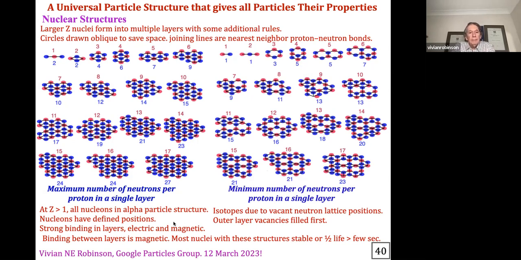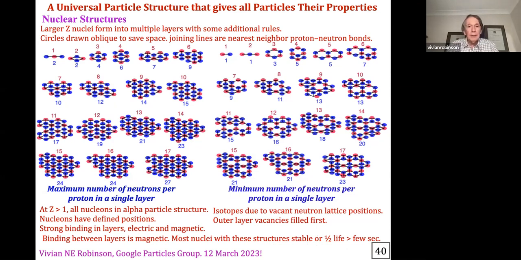Within a layer, you have that strong electric and magnetic binding that I mentioned earlier. The binding between layers is just a result of the residual magnetic field. Most nuclei that are assembled using these structures are either stable or will have a half-life of a few seconds.